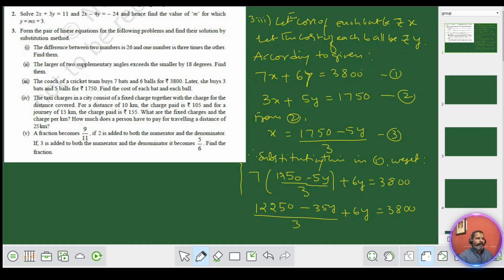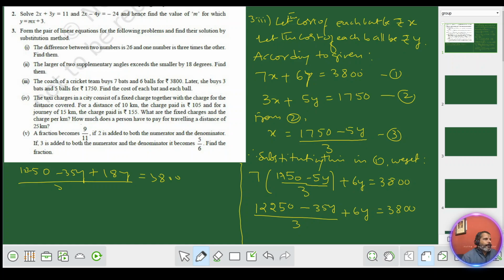Okay. Now you take the LCM here. So it becomes 3 LCM only. So 12,250 minus 35y, as it is, plus 6y means 3 6s are 18y, right? By 3 is equal to 3,800.